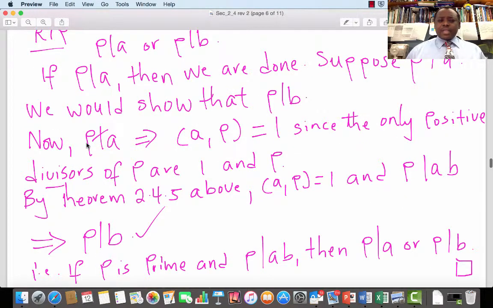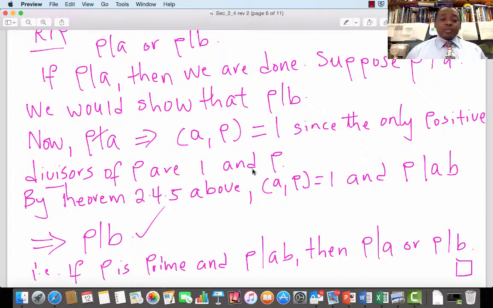Now, recall that p is prime. So if p does not divide a, then the GCD of a and p is 1, and that is because the only positive divisors of p are 1 and p.